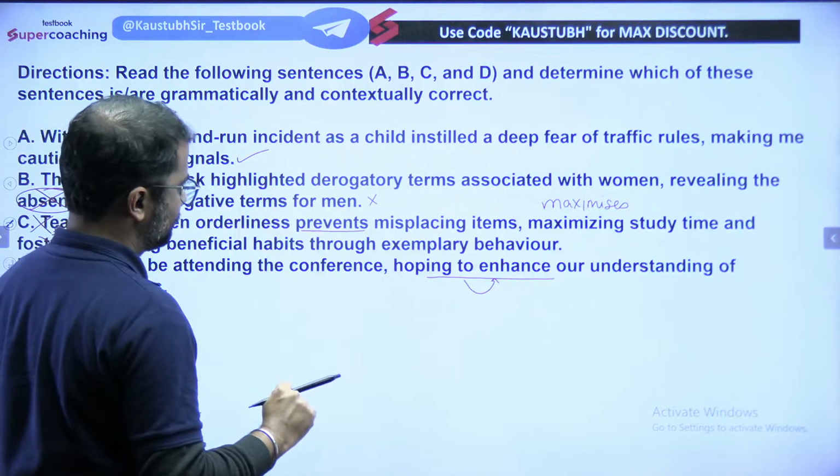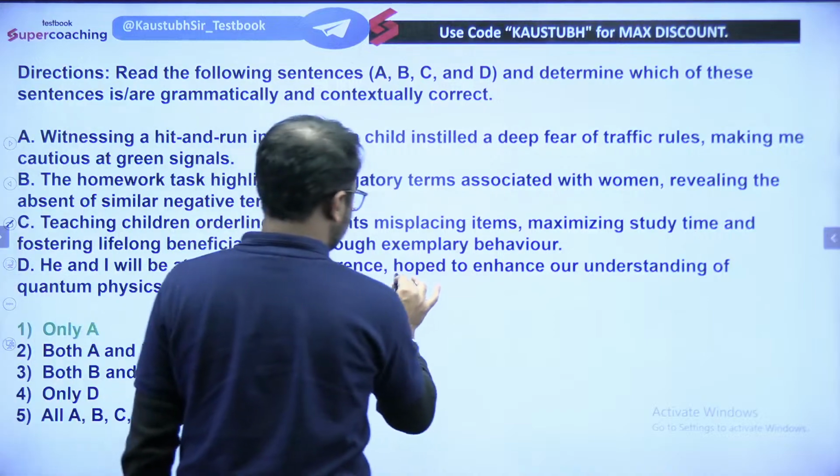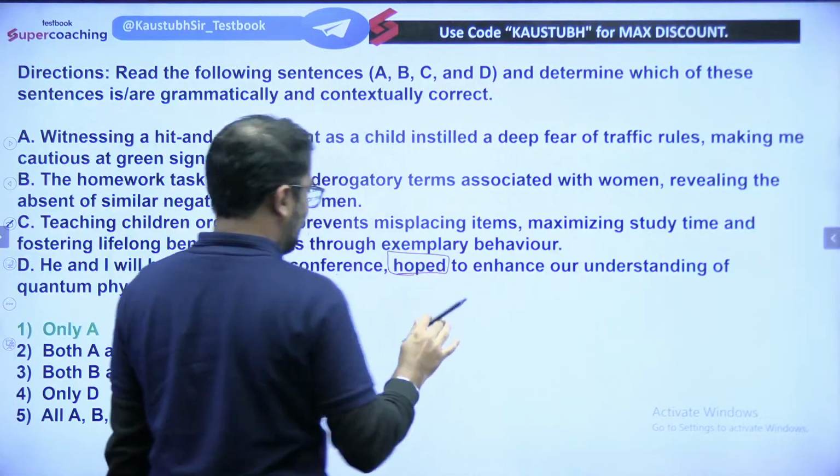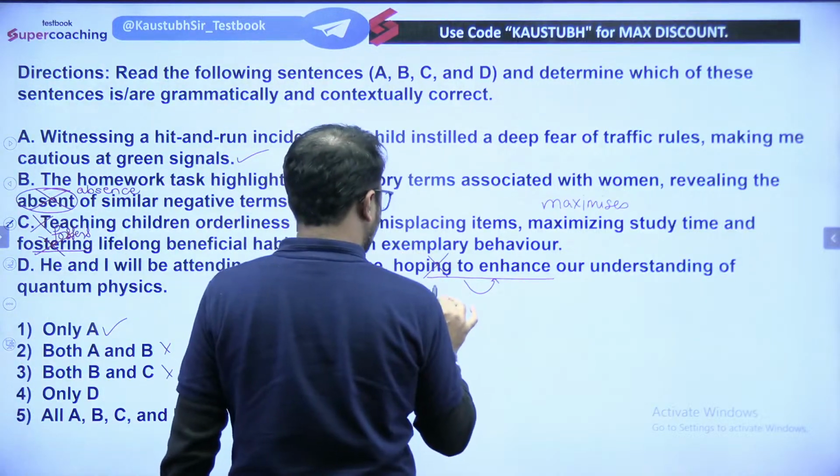But okay, let's see. I think I personally will go with option number 1 here, because D, I am finding it a little bit tricky to go with option number D, and A is actually correct, and here they have actually given the error. As I said, there is a typing error here. Hoping was supposed to be hoped.